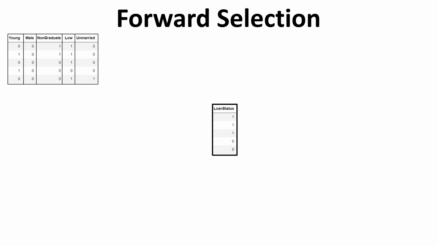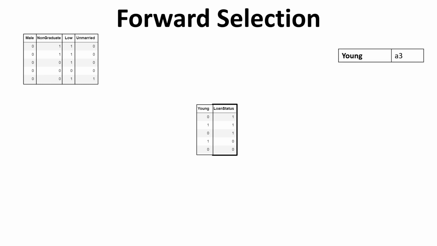Let me show you step by step. So here in the center you see this is our target feature. Now out of the independent features I'm going to pick one, let's say young, and train the model with this young feature and calculate the accuracy. Take note of that. So for young we are getting the accuracy A3. In the next iteration, we're going to remove this young and train the model with the next feature, which is male.